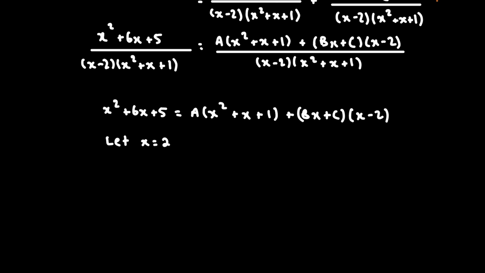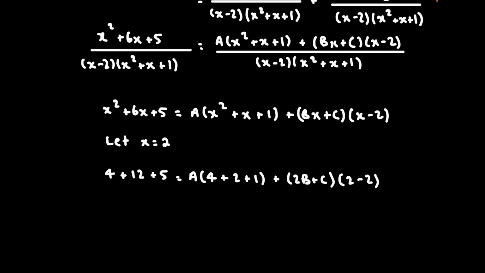That means 2 squared is 4, plus 6 times 2 is 12, plus 5 equals a times 2 squared is 4, plus 2 plus 1, plus b times 2, so 2b plus c, times 2 take 2.